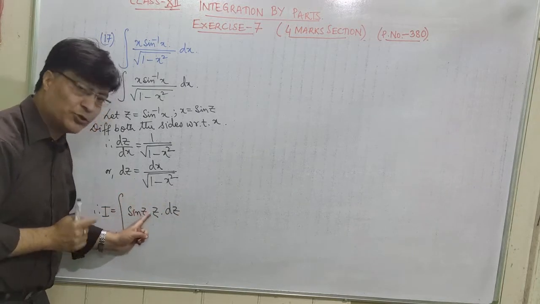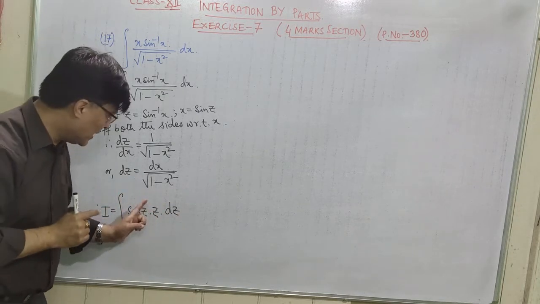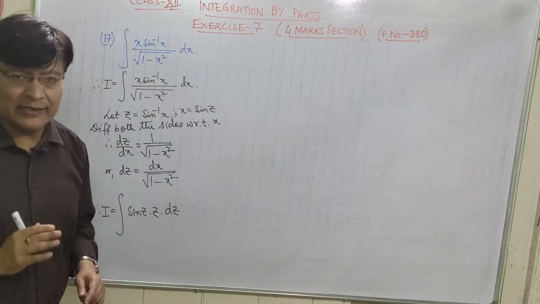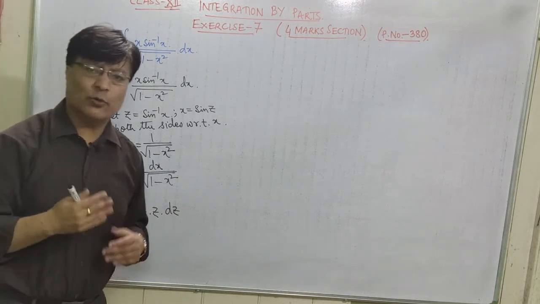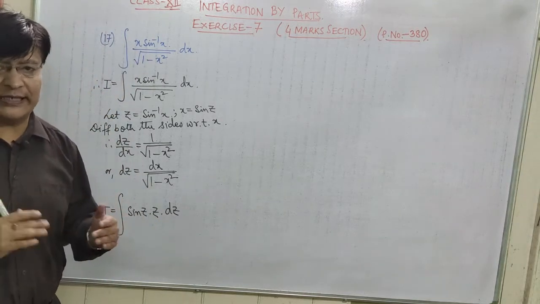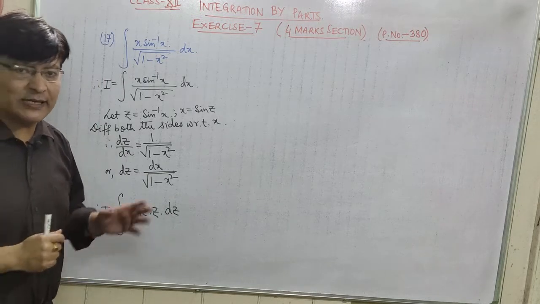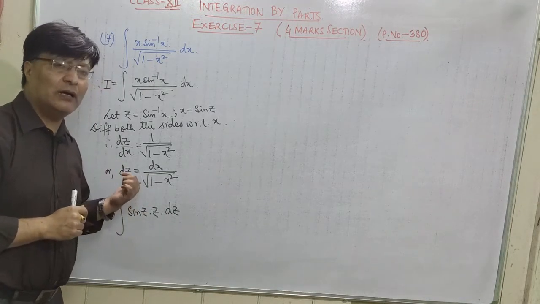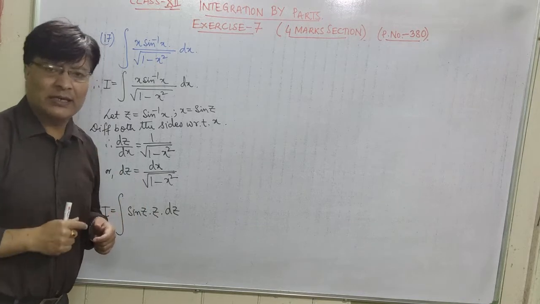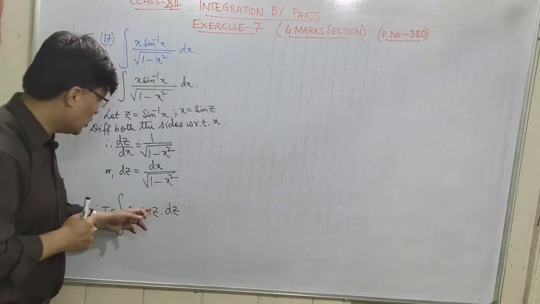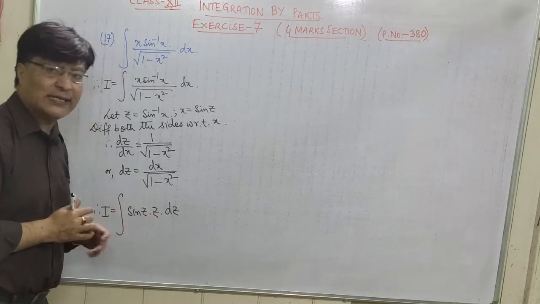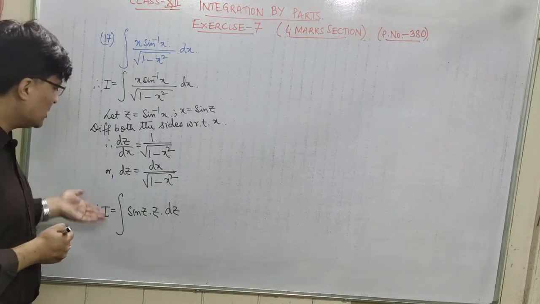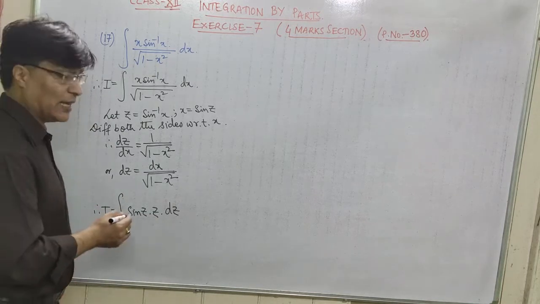Here sine z is a trigonometric function, that is T, and z is an algebraic function, that is A. So which letter comes first in the word LIATE, A or T? A comes first, that is the algebraic function comes first in the word LIATE, isn't it? So here z is the first function and sine z is the second function. So let us use integration by parts in this case.